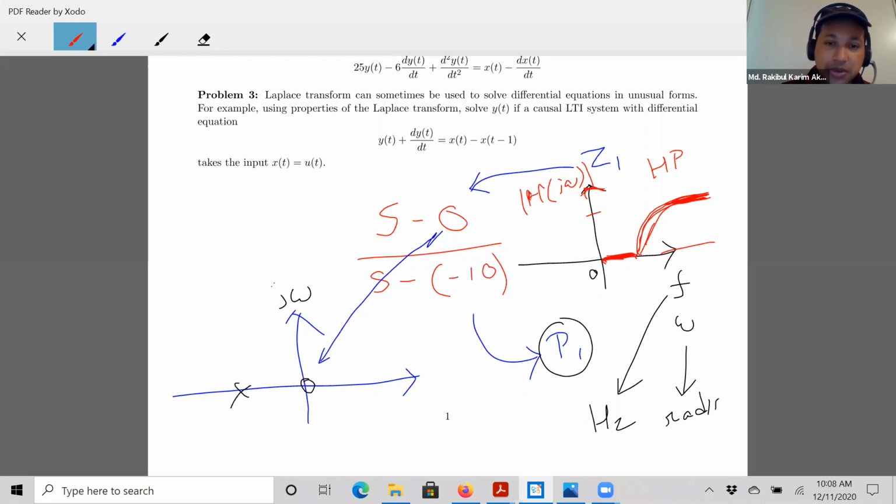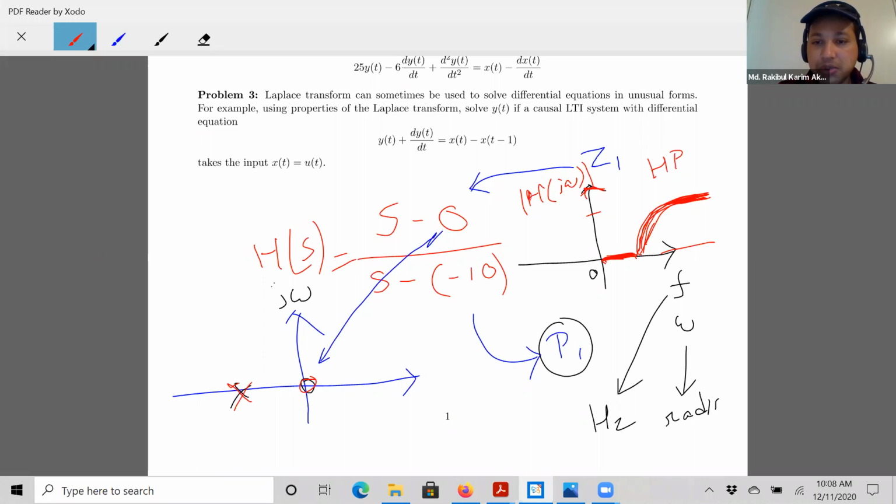So from the transfer function given in your question, you need to verify from this pole-zero plot that it actually behaves this way.